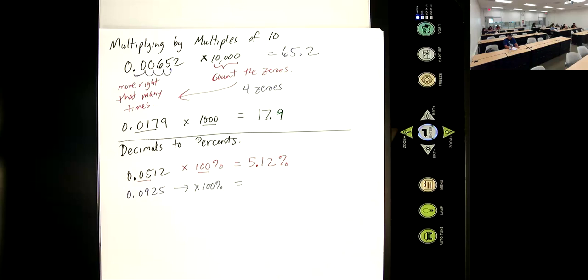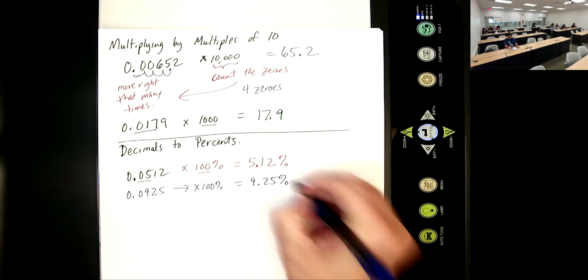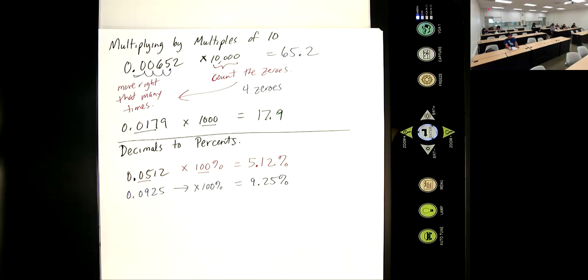Did anyone else get that? Percent. Gotta have that percent there. If you don't have the percent there, it's not clear it's a percentage. You definitely wanna have the percent there.